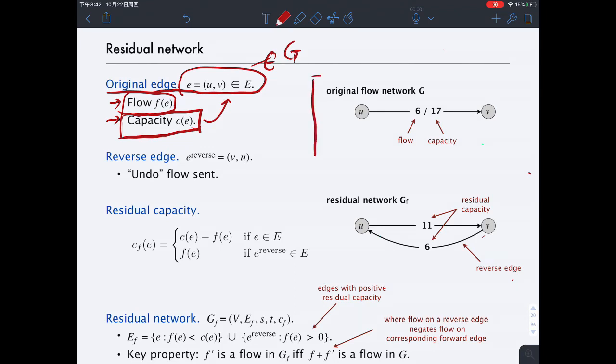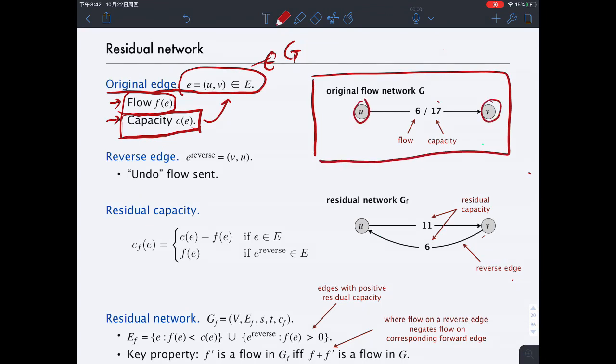If you look at this particular instance, imagine there's an edge moving from U to V, its capacity is 17, and we are already pushing 6 units of flow from U to V. That means we need to introduce a reverse edge to represent the fact that we are able to undo the flow that was already sent.